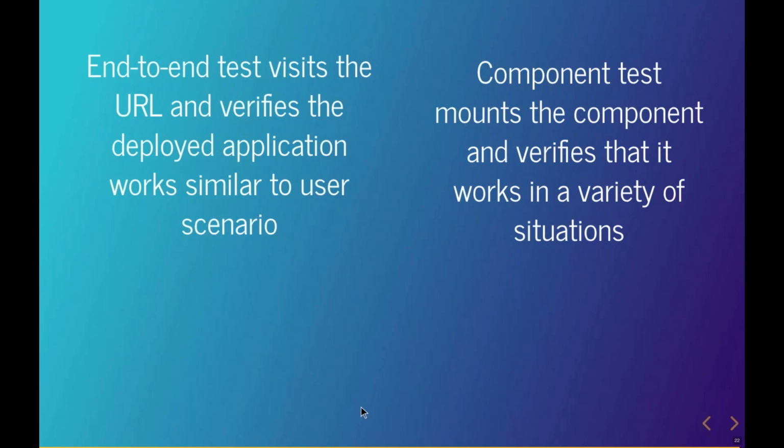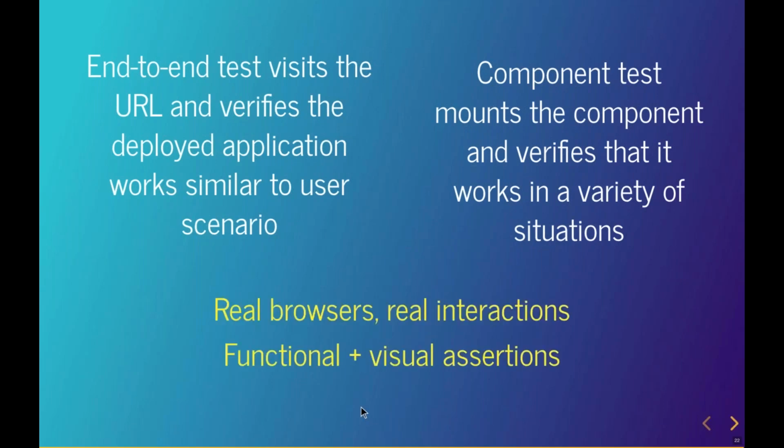But despite the differences, both of these types of tests will use real browsers, not emulations, and will have all the user interactions as realistic as possible, all the clicks, selects, and so on. And both types of tests can use functional assertions, check if an element exists, check if it has a class, check if the class goes away, and visual assertions.